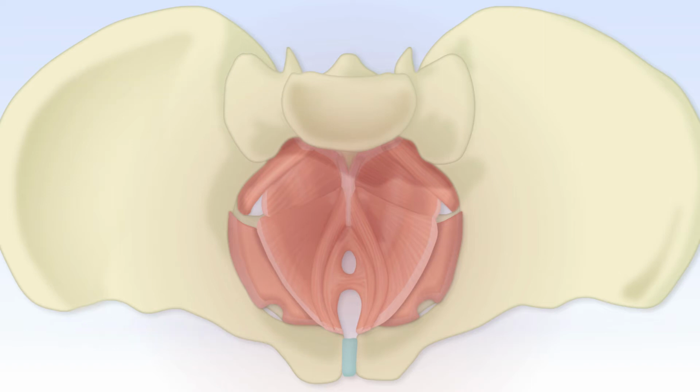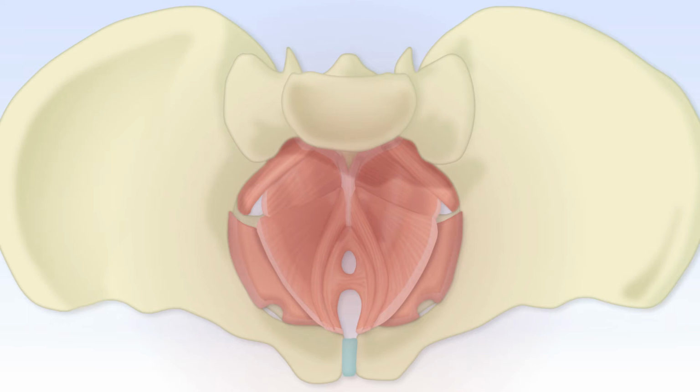The pelvic floor consists of 3 different layers, mainly muscular tissue, but also fibrous structure like the endopelvic fascia and connective tissues, which are part of the pelvic floor.